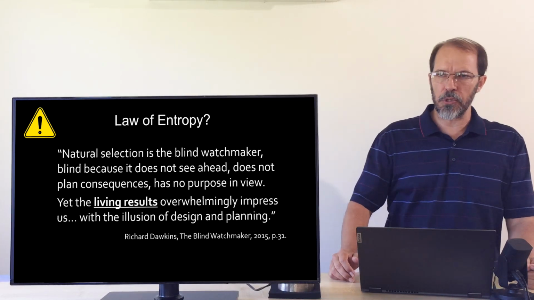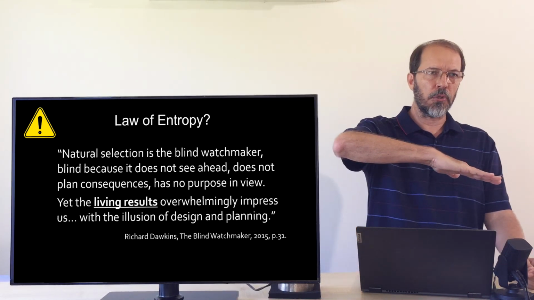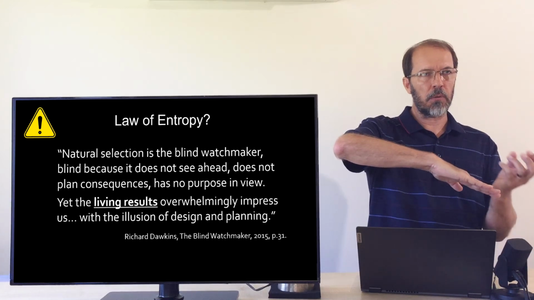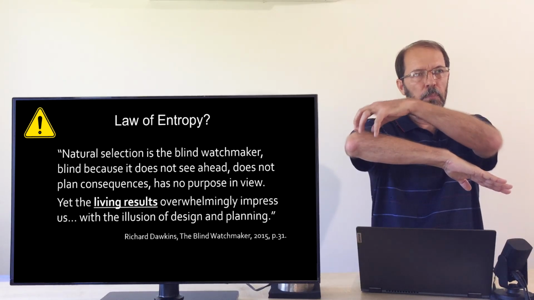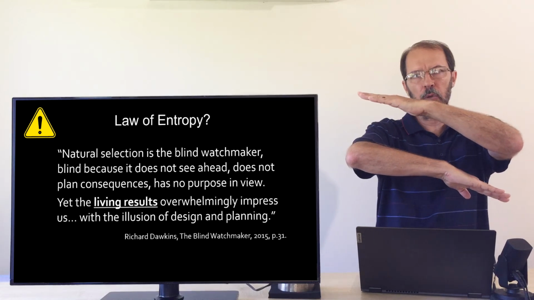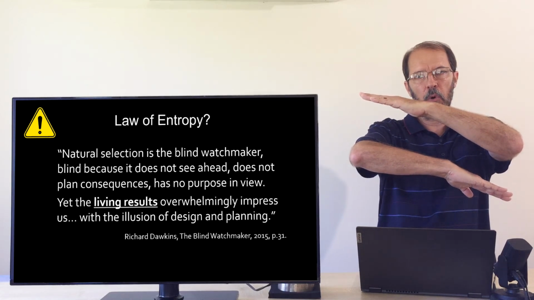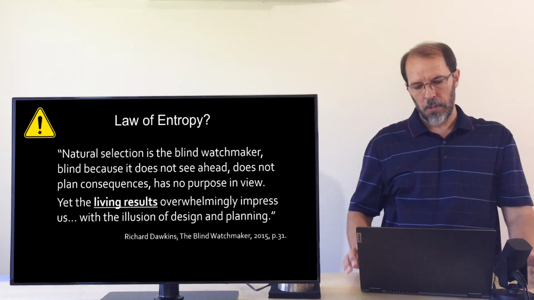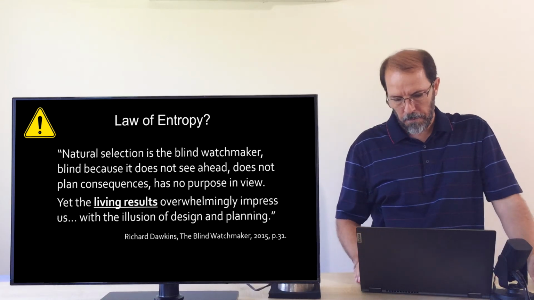So what is the illusion here? Is the law of entropy the illusion? Or is the magical arrival of all this complexity through evolution the illusion? Which one is the illusion? Science or evolution? Just think it through a little bit.